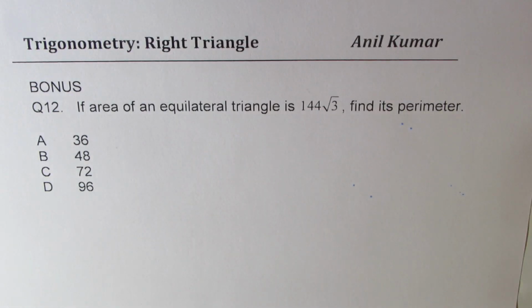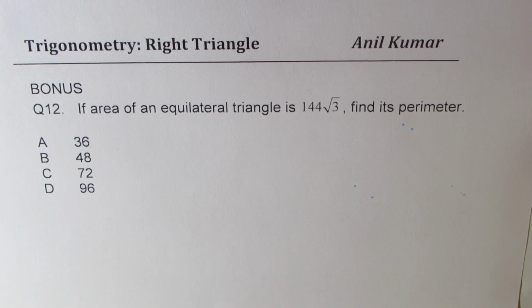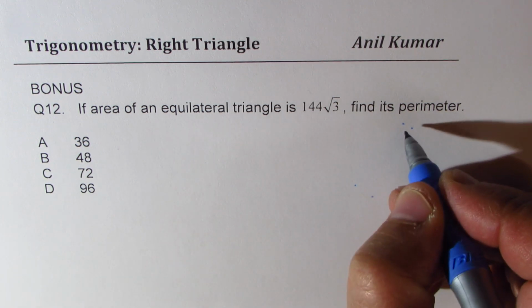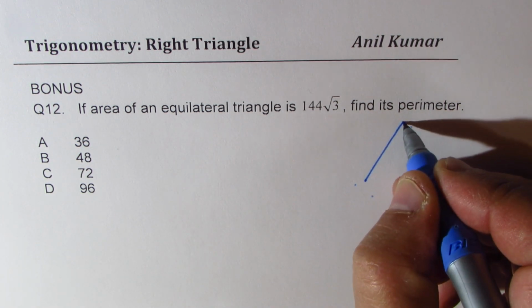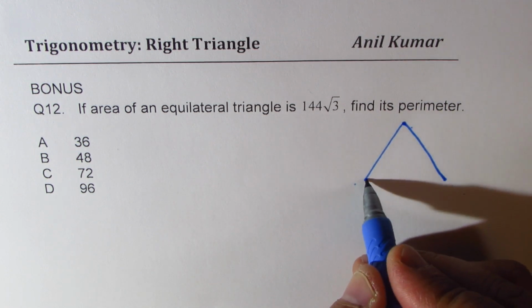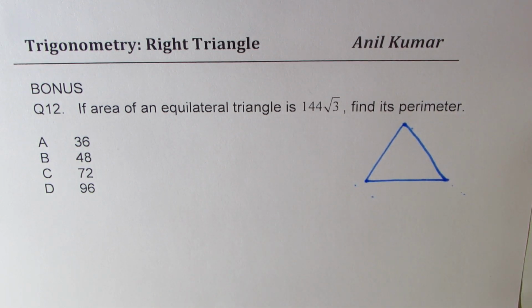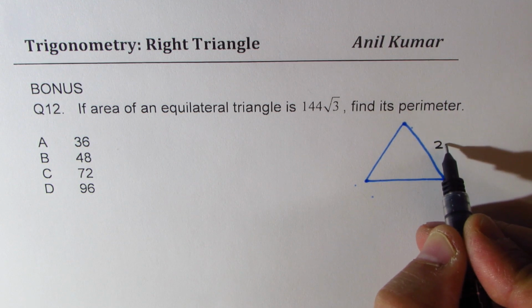Now we have our bonus question, question 12. If area of an equilateral triangle is 144 square root 3, find its perimeter. Now we are given an equilateral triangle. That means all sides are of equal length. So let us assume that each side is 2x.